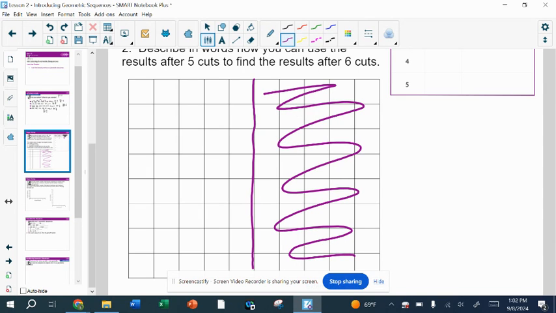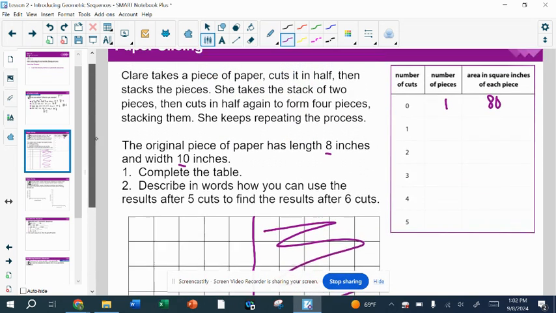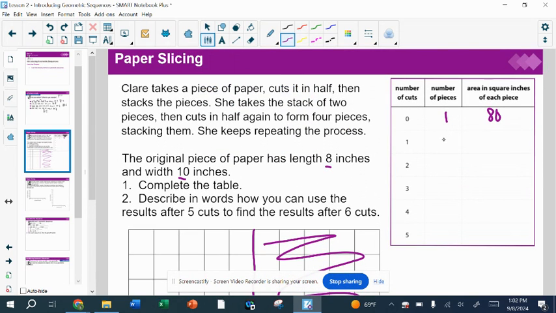It's just going to be stacked up on top of the other one. Now this is a 5 by 8 sheet for how I cut it. If you had cut it the other direction, I'm still going to have the exact same area because it's just cutting it in half. But this would be now 2 pieces of paper, and 5 times 8 is going to be 40 for my area.